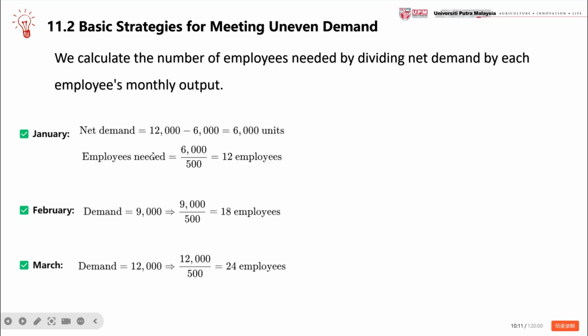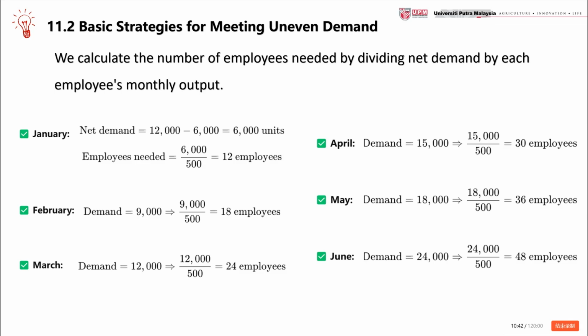So the employees we need in January equals 6,000 divided by 500 equals 12 employees. If the demand in February is 9,000, similar to the calculation process for January, the number of employees needed for February is 9,000 divided by 500 equals 18 employees.